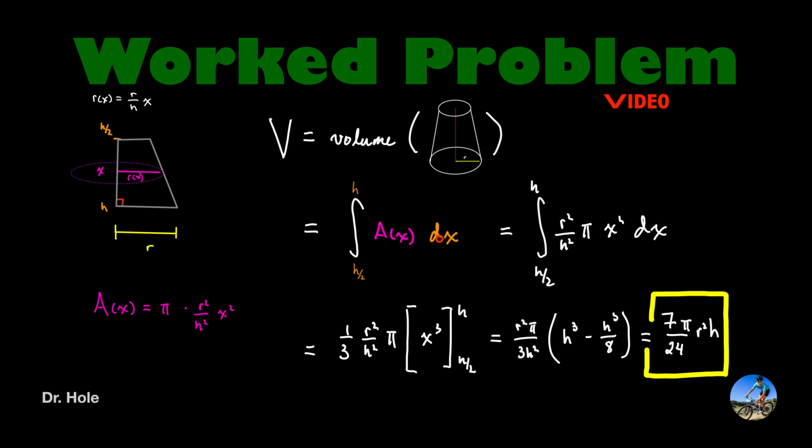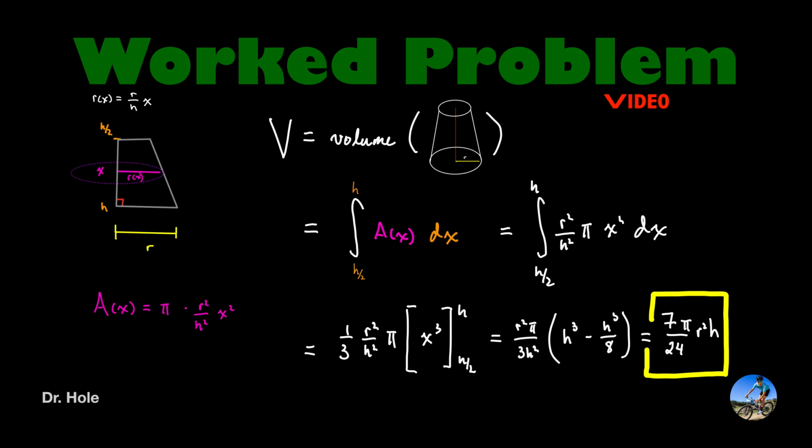These are x quantities, and at each of those depths we want to determine the area of the disk taken to be the horizontal cross-section of the frustum. Nice. Plug in A of x. Here it is, appearing as the integrand.